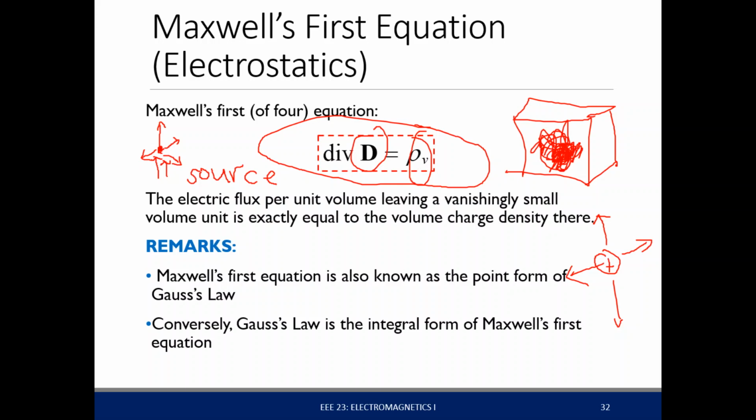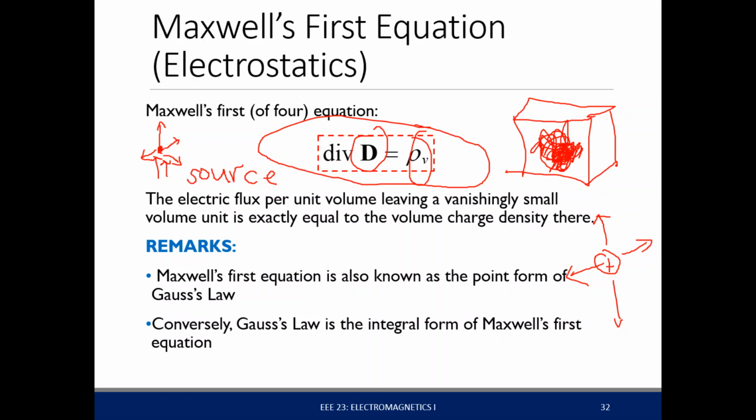It means the net flux, or the total flux, is going out of that point. There are more flux lines going out of that point than going into it, or there is a positive charge on that point. Basically, the net charge on that point is positive.